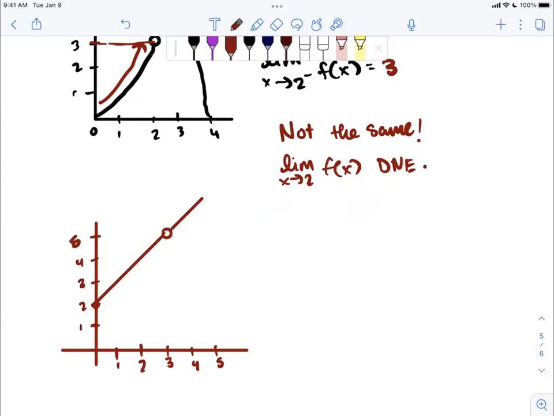And just so that it's clear here, this point is (3, 5). That is not on the graph. And again, the question is, what's the left-hand limit, what's the right-hand limit, and what's the total limit if it exists? I'll pause for a moment. Feel free to pause the video.